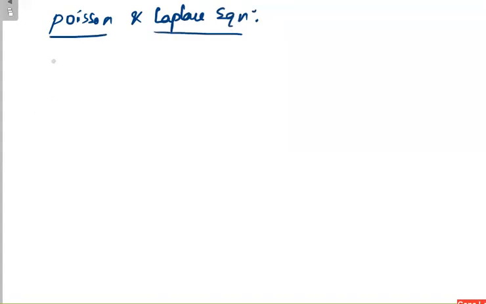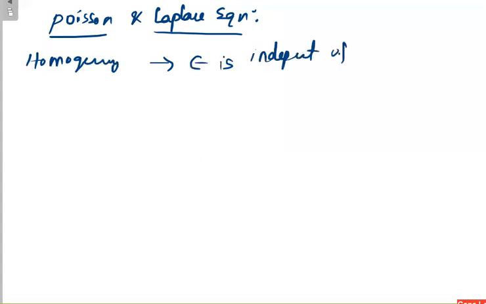If the medium is homogeneous, then epsilon is independent of space. Then we have seen del dot E is equal to rho v divided by epsilon, but we know E is equal to minus del V.